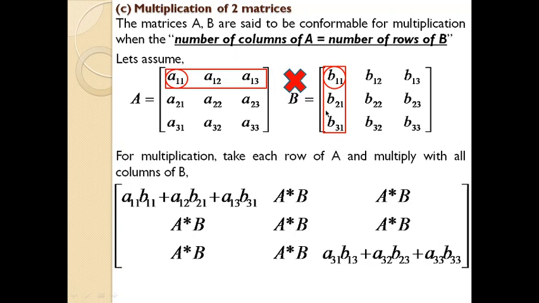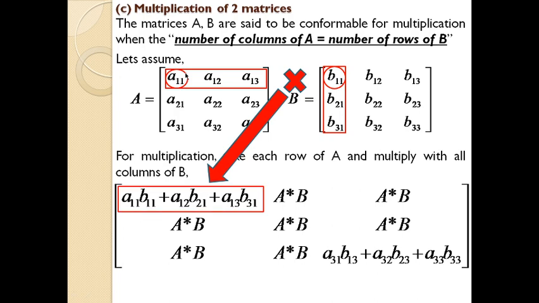Remember, here I am just selecting only the first element. So the first row has to be multiplied with the first column of the second matrix. So for the first item, the multiplication of the first row and first column will give this part.